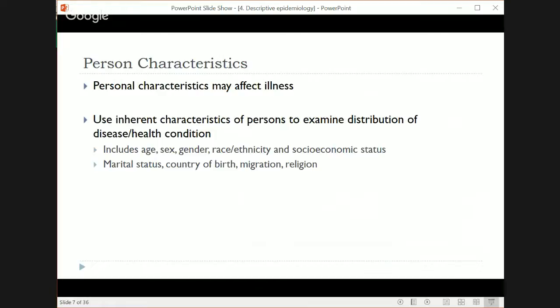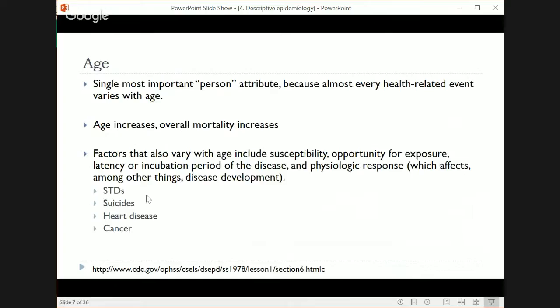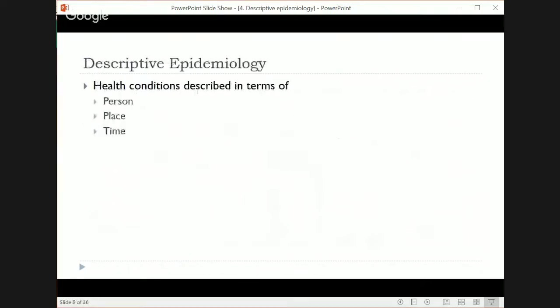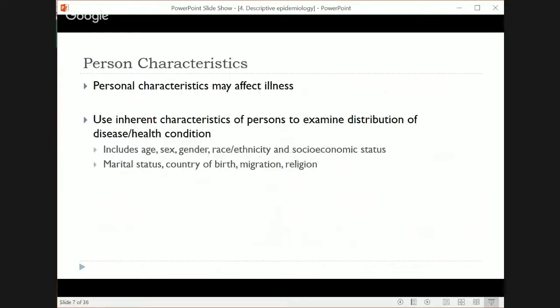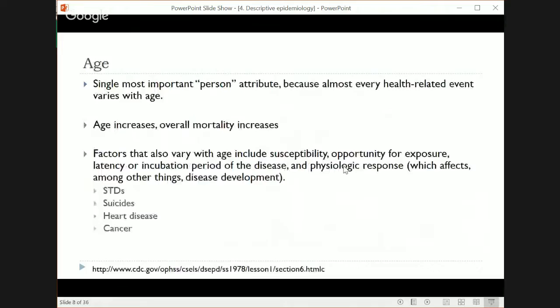I imagine that most of you know that sex and gender are different constructs. I'm trying to remember if we go through them here. So sex being sex at birth and gender being a personal identifier, what gender you identify with. Other person characteristics could include marital status, where one is born, if they've immigrated, and religion.